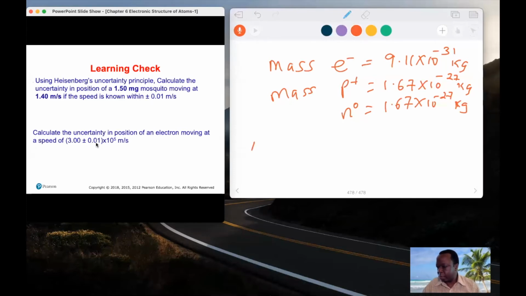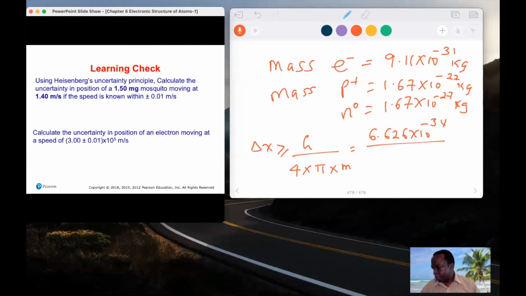So uncertainty in position, x, is Planck's constant over 4 times pi times mass of an electron. Plugging in, this is 6.626 times 10 raised to negative 34 over 4 times 3.14, times 9.11 times 10 raised to negative 31 times 0.01.